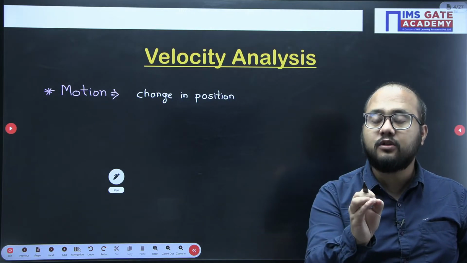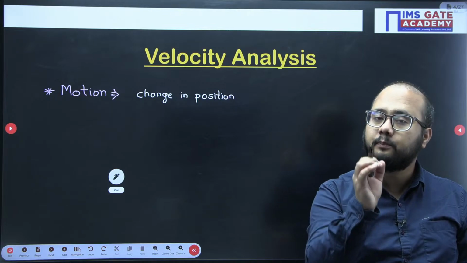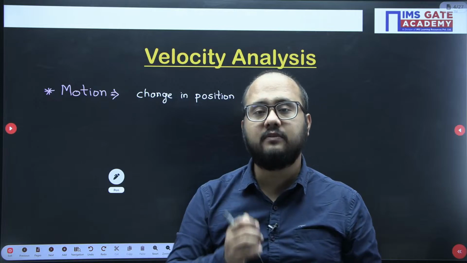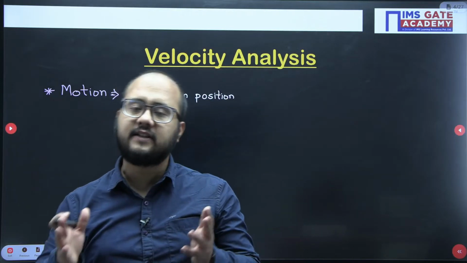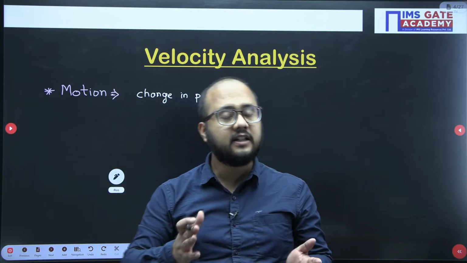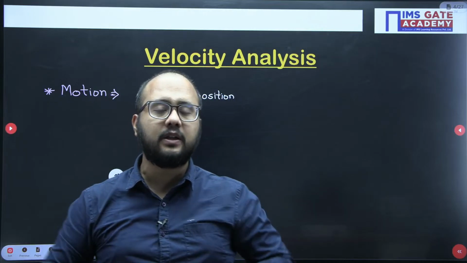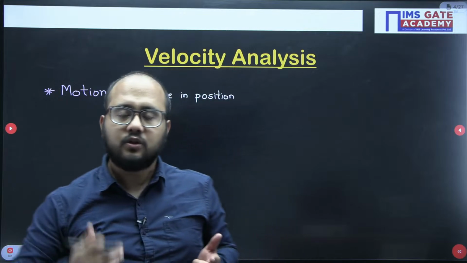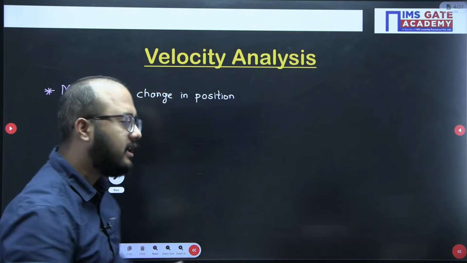So we will first focus on position. Second, we will be focusing on the displacement, because position is going to change, displacement will be there. Displacement change will be there, velocity will be there, and when velocity changes, it means acceleration is there. So all are motion related parameters.